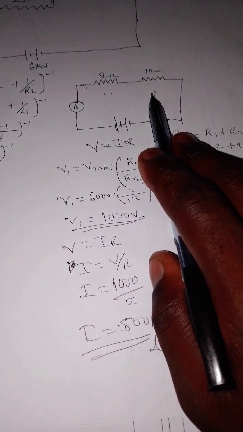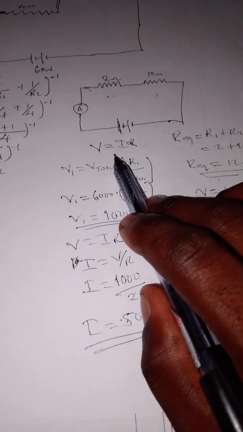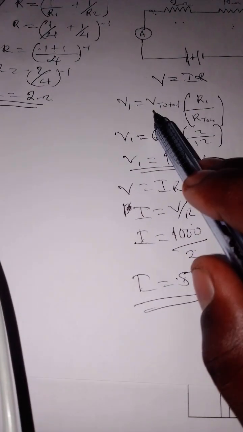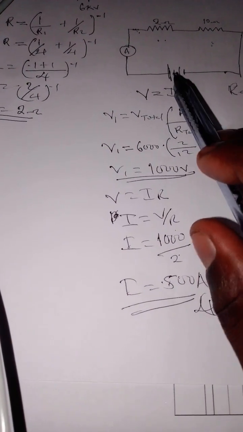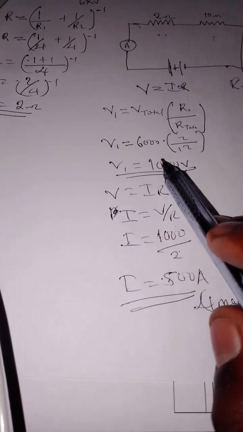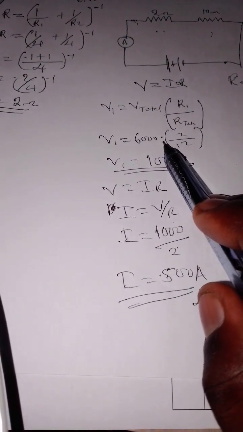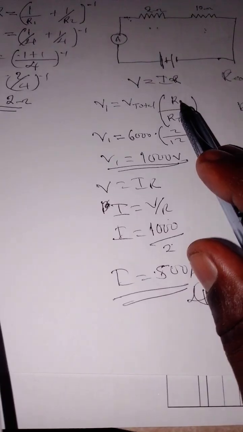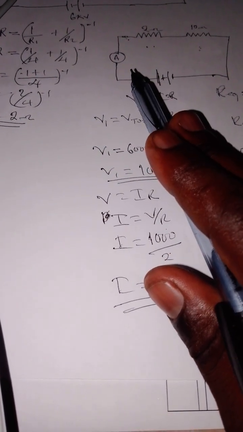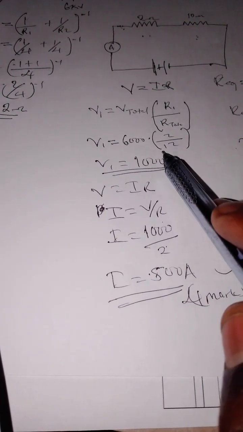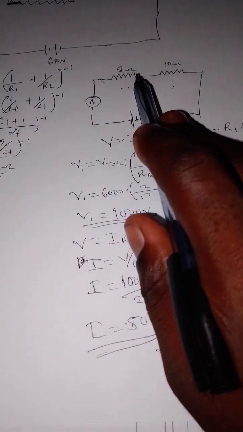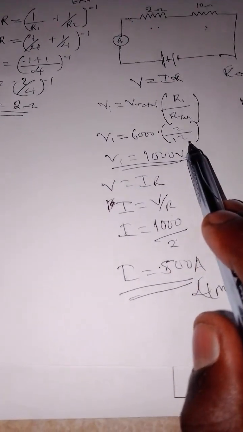Series. From there we apply the formula: voltage is current times resistance. So for V1 we have to know the voltage total. Voltage is 6,000. The resistor at 1, for which we are going to find the ammeter reading, is going to be 2, and then the total is 2 plus 10, which is 12.